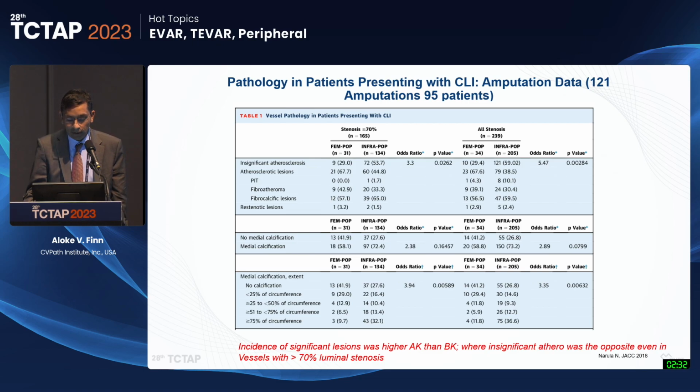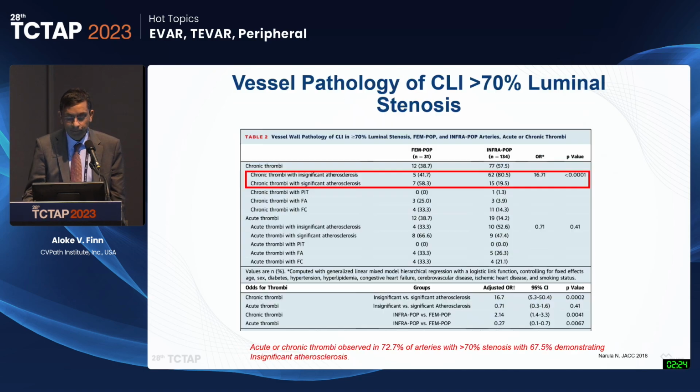The other message is that medial calcifications seem to be somewhat more common, with extensive medial calcification below the knee than above the knee. And when we looked at chronic thrombi with significant atherosclerosis, as I repeated before, they were really more common above the knee.